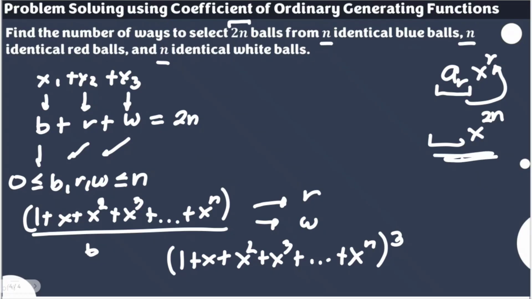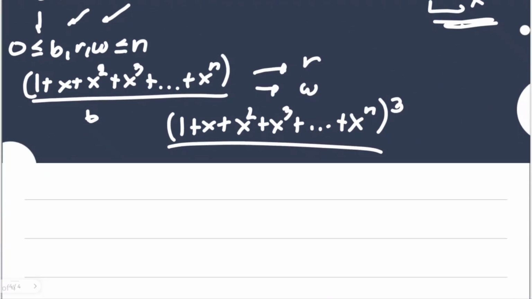And of course, our goal later is to come up with a simpler form of this. We know that n here is finite, until n, because there's no condition that n is infinity. We just don't know what that n is.